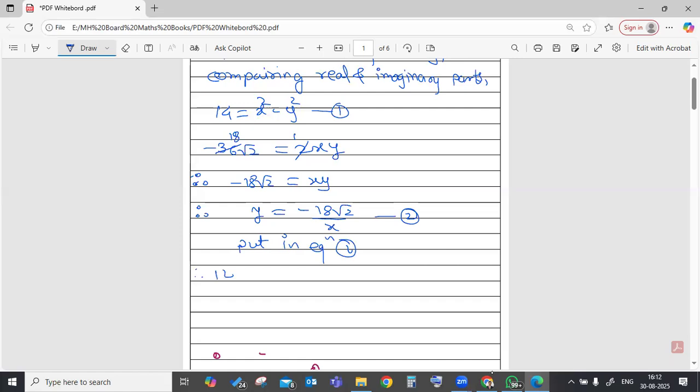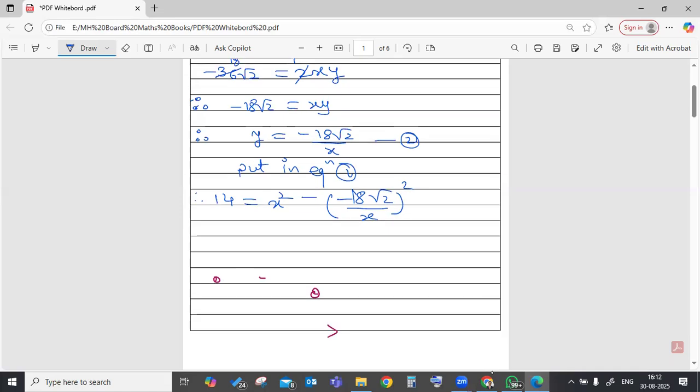Therefore, 14 equals x square minus y square. Y square is (18 root 2 upon x) and its square.